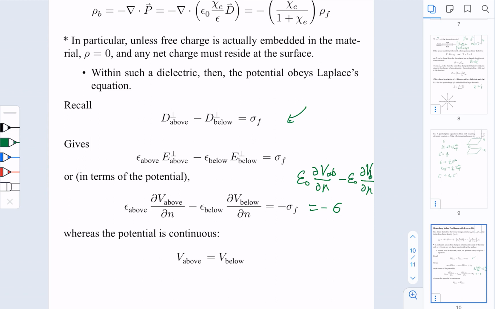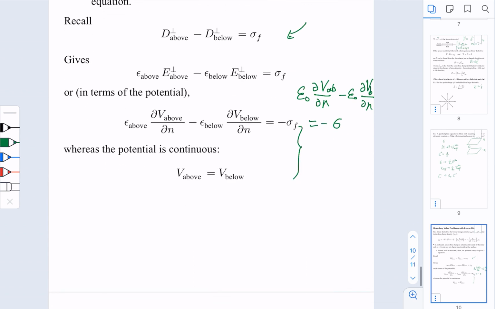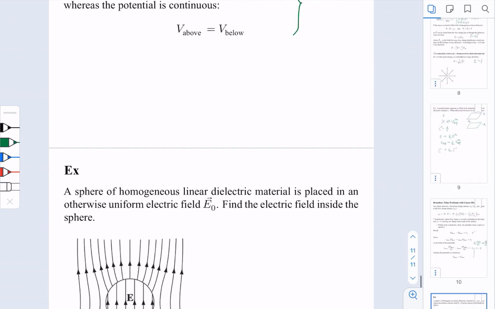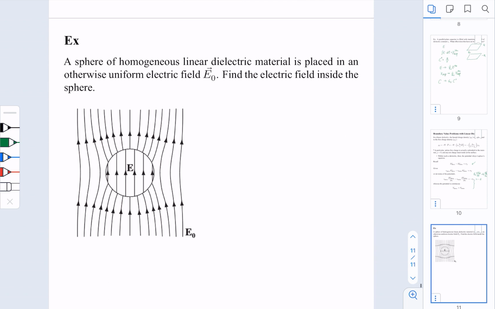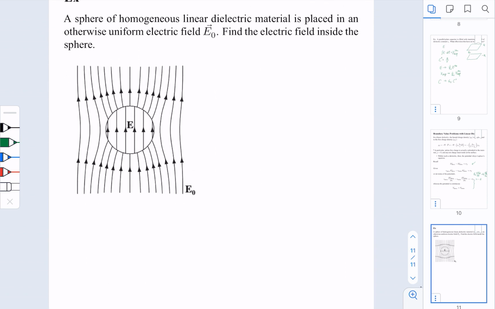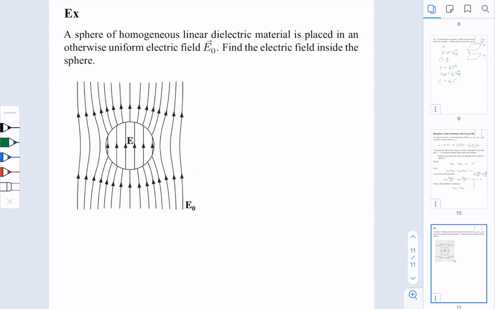Remember that we used the boundary conditions of the scalar potential to help us solve the problem of a charged sphere, I guess. So we will also look at this kind of problem here. Today we'll look at this last example.